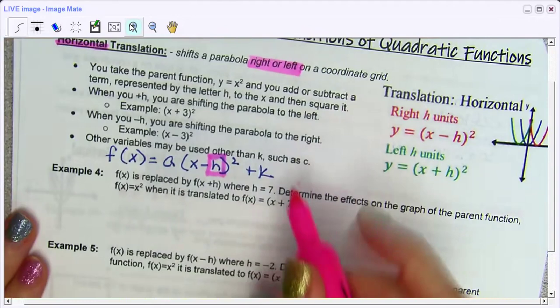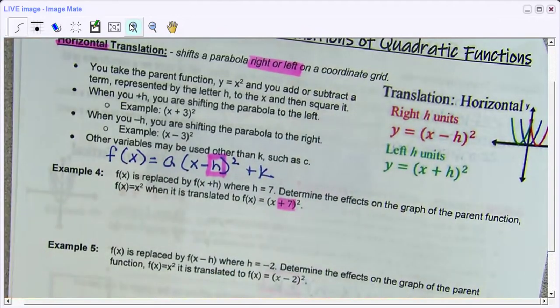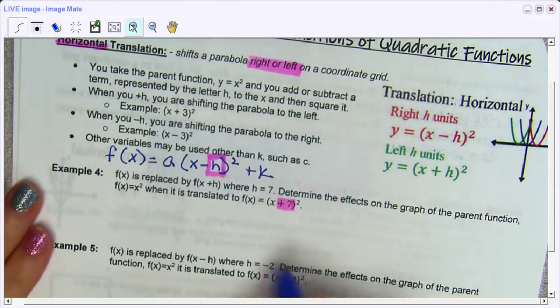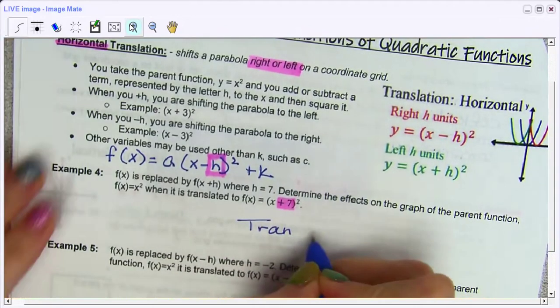So here we're taking a parent function and we're shifting it positive 7 units, which is going to be a translation 7 units left.